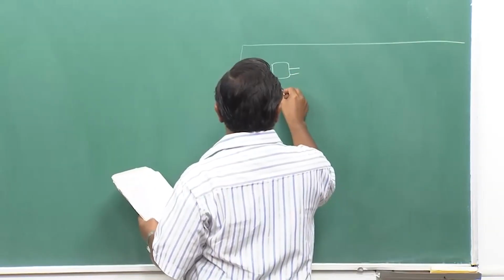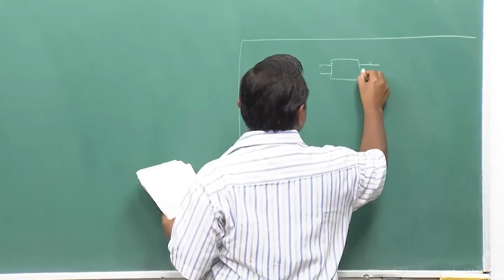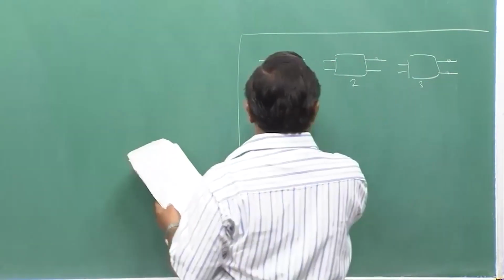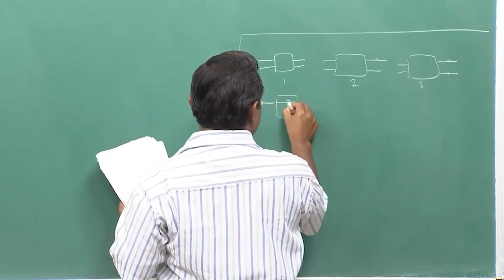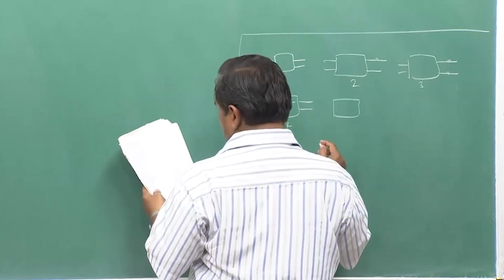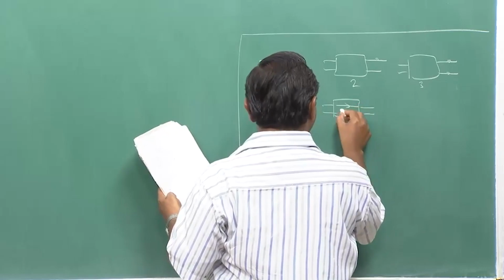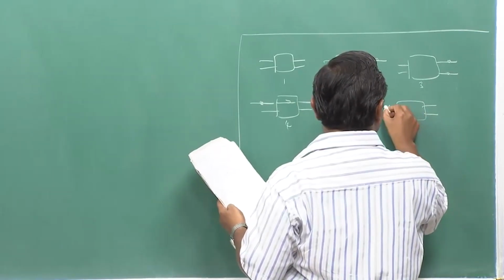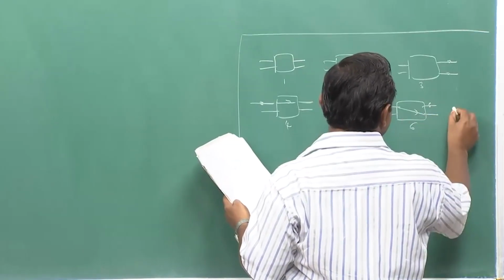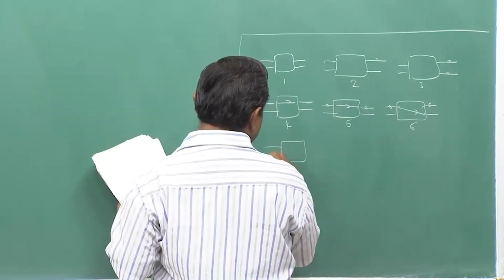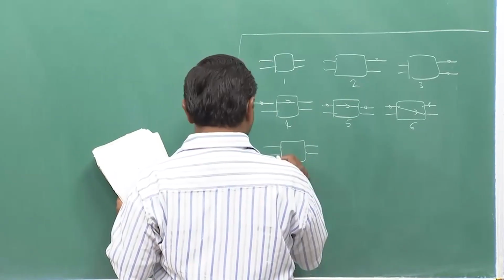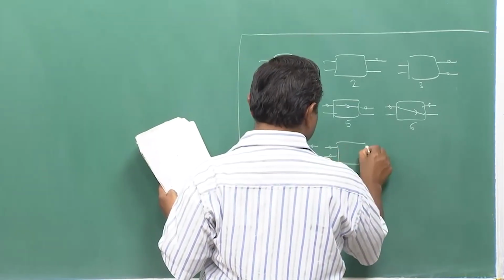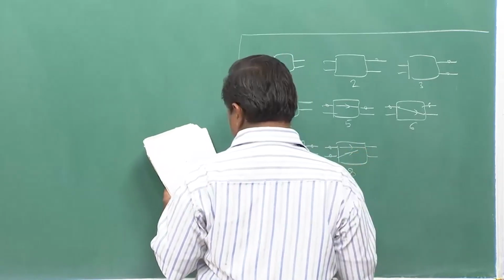So, quickly just writing it down, it is state 1, state 2, this is state 4, state 5, six, seven, this is state 8.